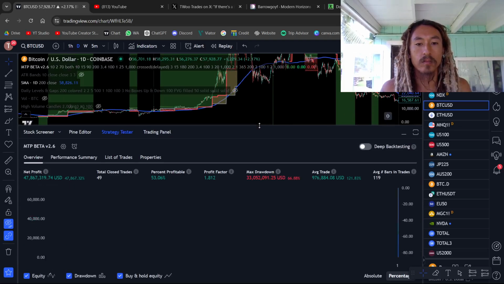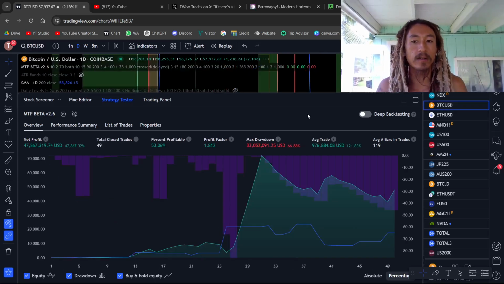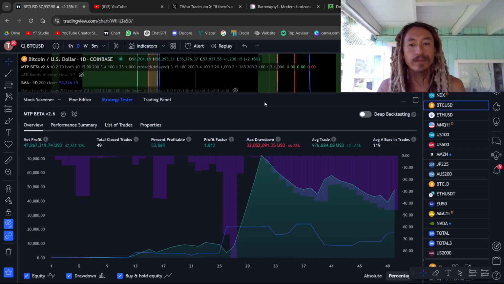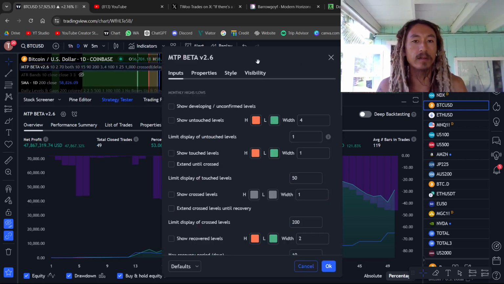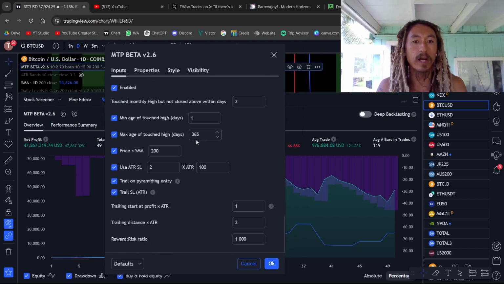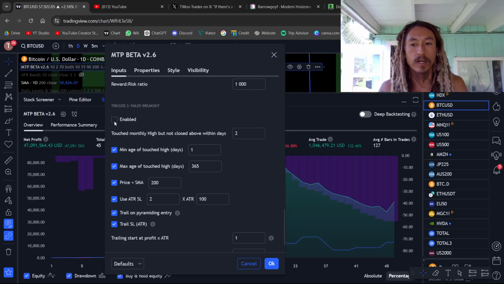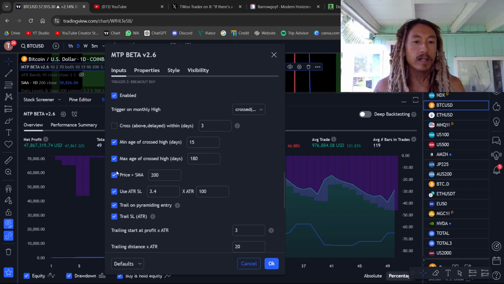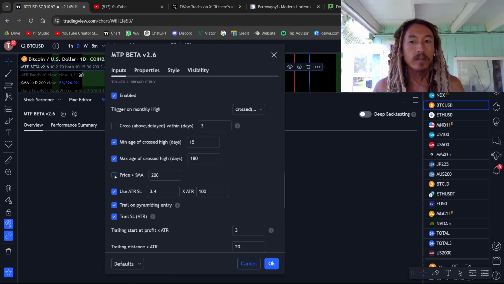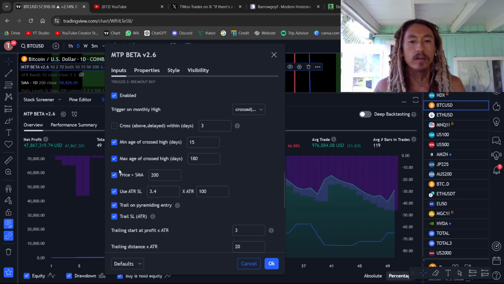Now let's try turning that on and off. We know the 200 SMA matters there. It'll break out. Well, I guess Bitcoin is the one that, what's going on here?